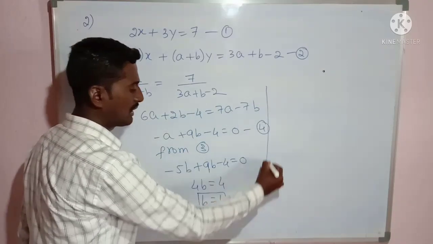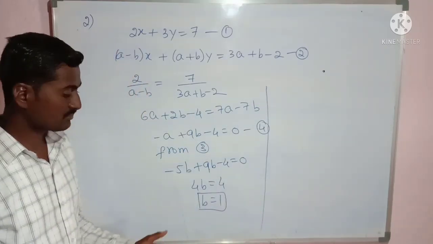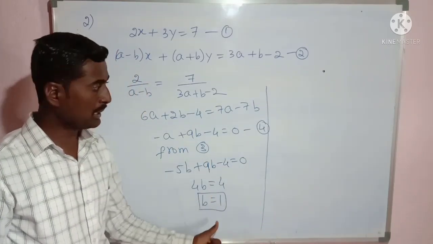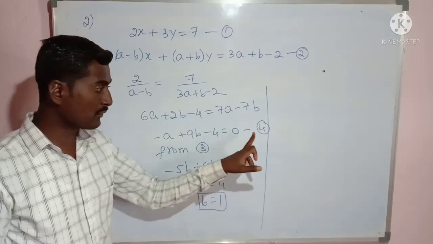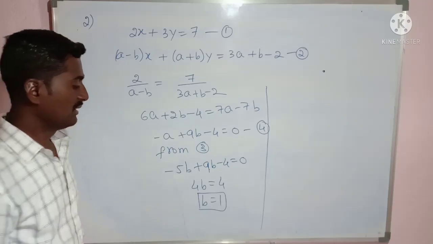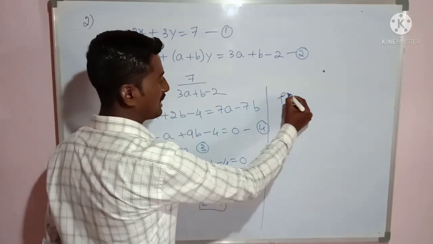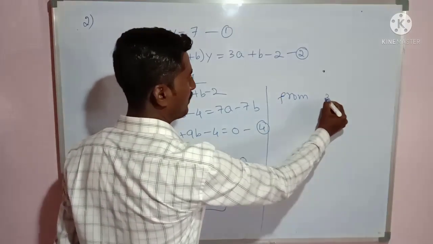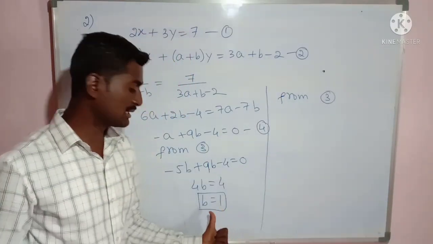Similarly, I have to get the value of a. How we can get it? By substituting b value either in equation number 4 or in 3. Now from equation number 3 I will substitute this b value.